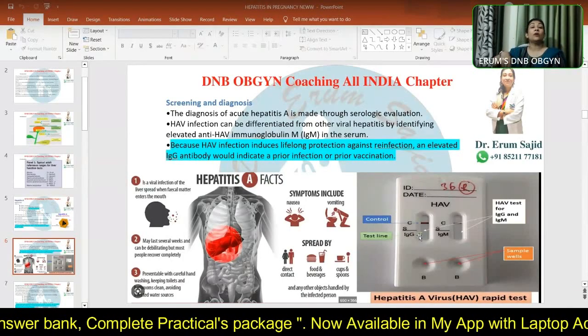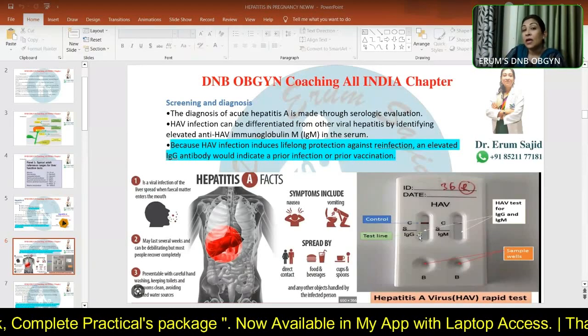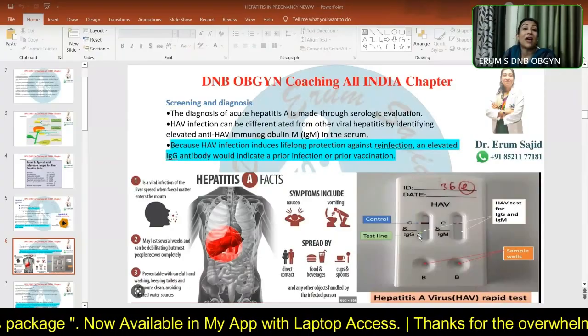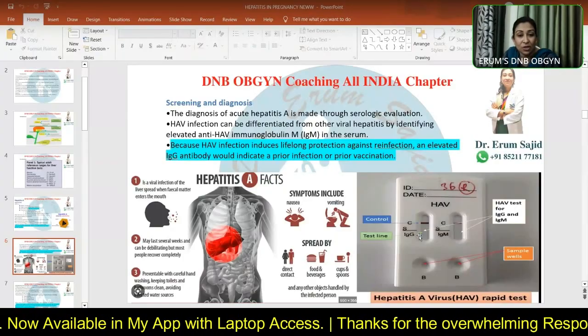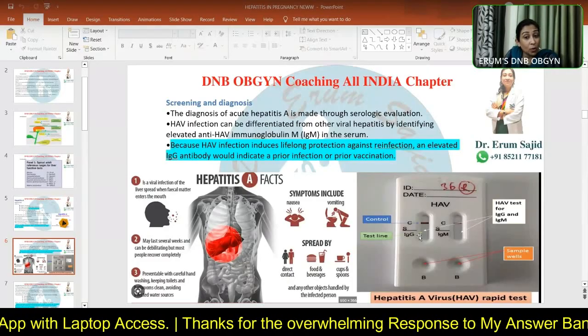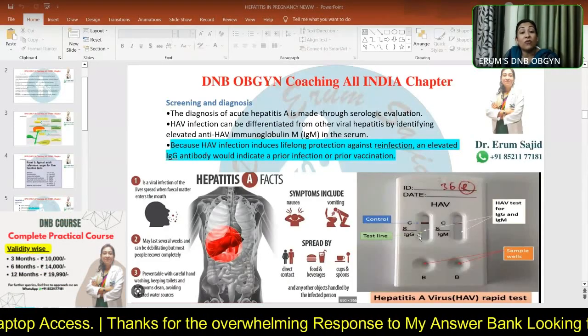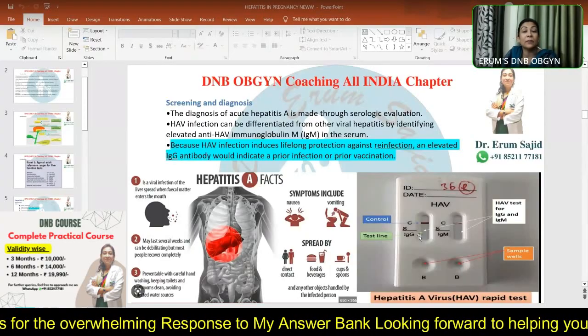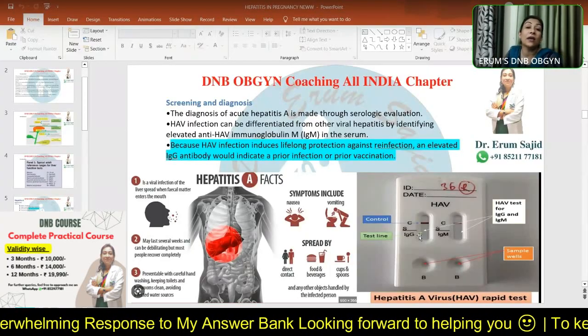It's very important that you remember that IgM is the acute immunity. It is always a representative factor for acute infection. Because hepatitis A infection induces lifelong protection against reinfection, and elevated IgG antibody would indicate a prior infection or a prior vaccination.